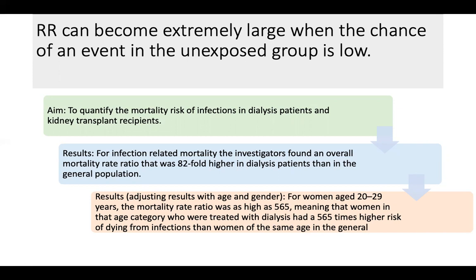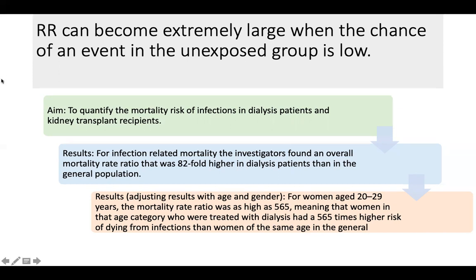In the study, they found that in women aged between 20 to 29 years, the mortality rate ratio was as high as 565, meaning that women in that age category who were treated with dialysis had a 565 times higher risk of dying from infection than women of the same age in the general unexposed group.